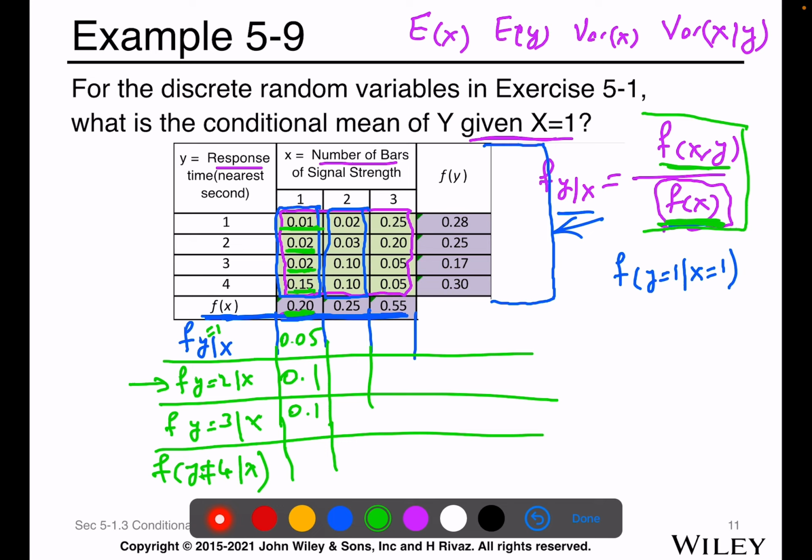That's 5 times that, I think 0.75. Can somebody please check the last one? Yeah, it is correct, because these 4 numbers add up to 1.